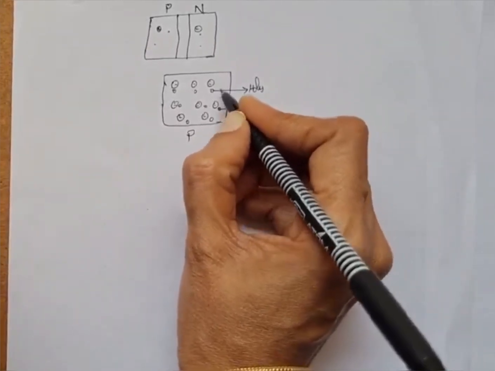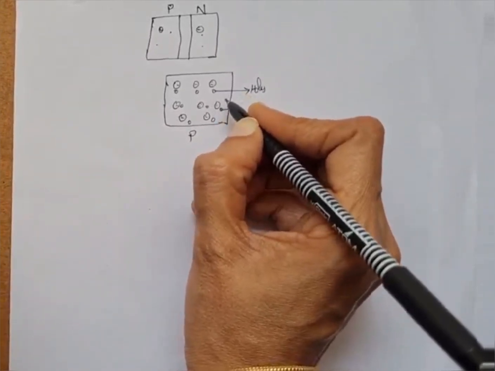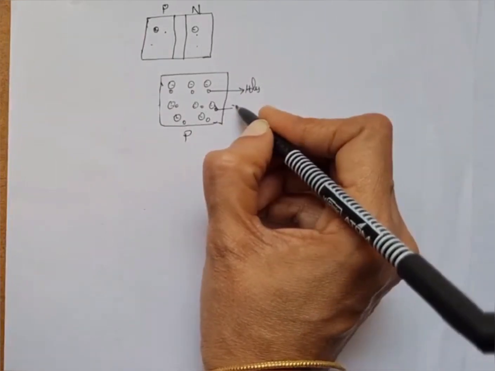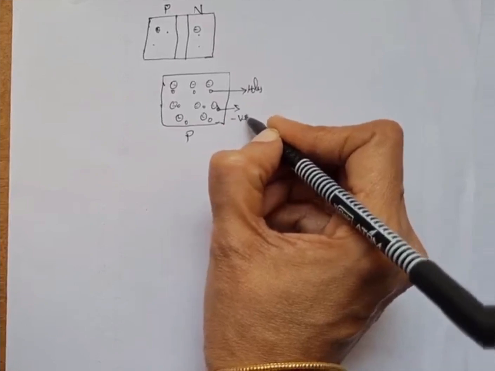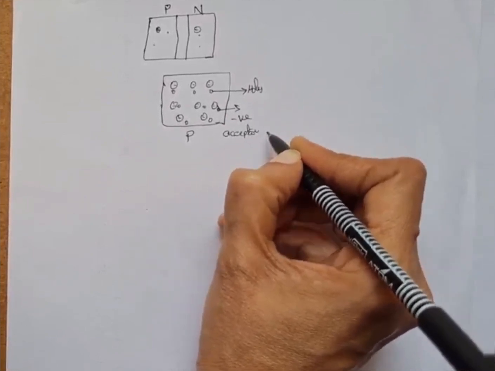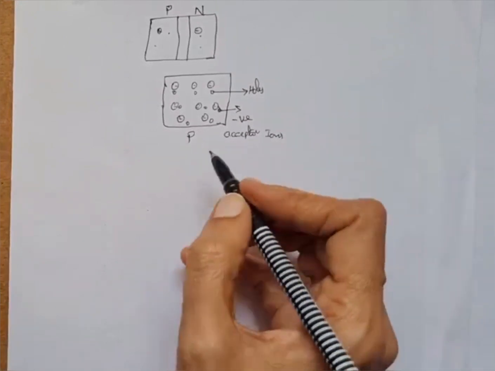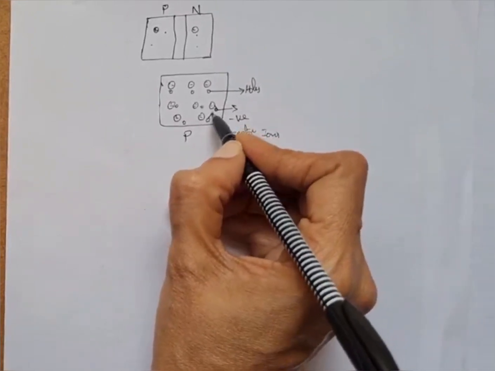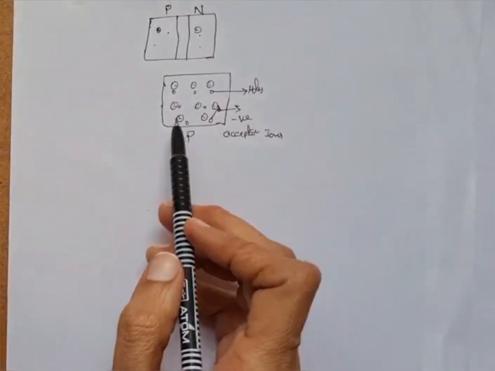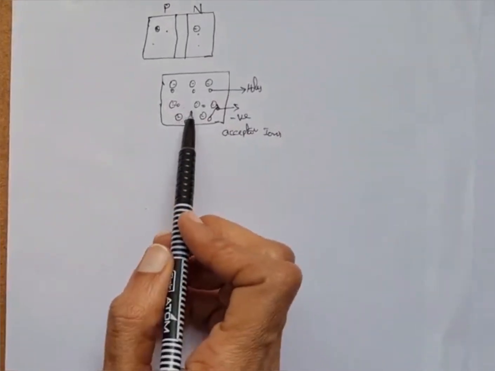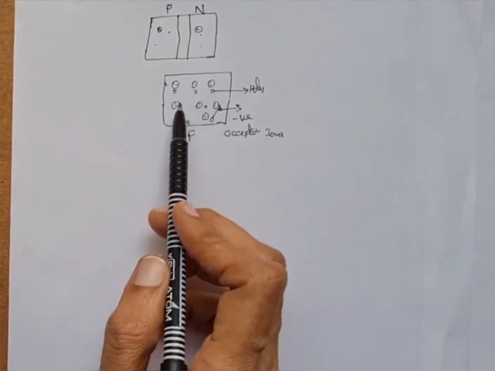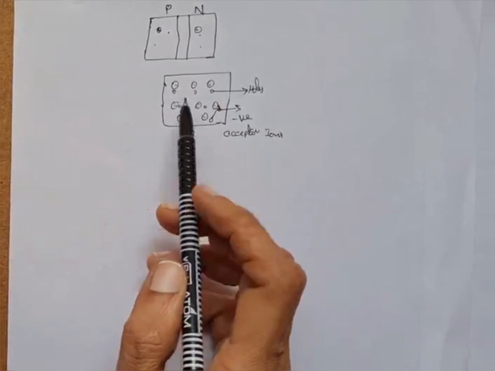Normally, holes are the majority carriers in p-type material. And these are the negative acceptor ions. Normally, holes, which are the majority charge carriers in p-type material, are uniformly distributed throughout the volume of that material.